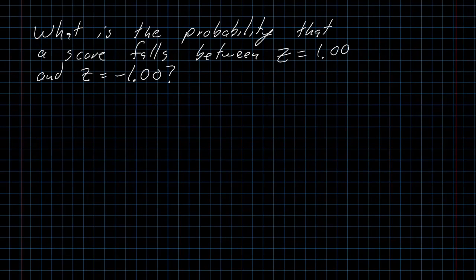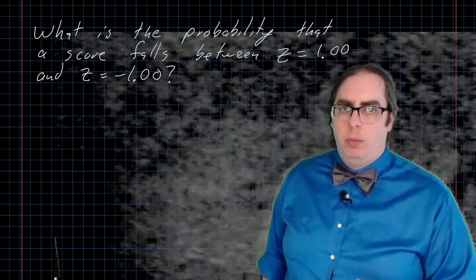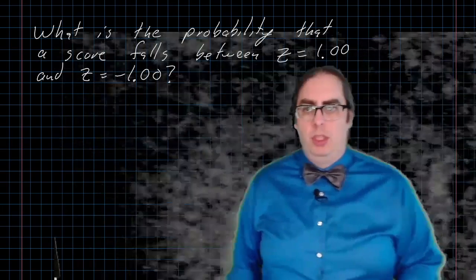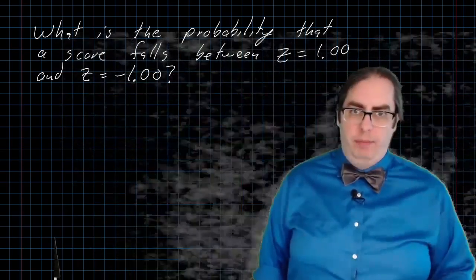What is the probability that a score falls between z equals positive 1.00 and z equals negative 1.00? Now, if you remember, the standard normal distribution, the z distribution, has a mean of 0 and a standard deviation of 1.